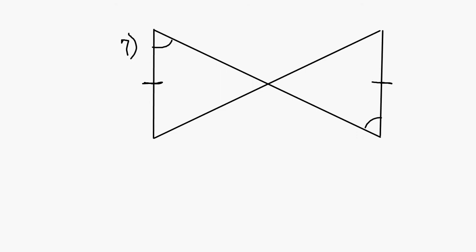Can you use side angle side, angle angle side, or both to prove the triangles are congruent? All right, so in this triangle, you got to mark what you know. You got a side, you've got an angle, you've got a side, you've got an angle. Now look, they don't give you any other information other than these angles in the middle right here.